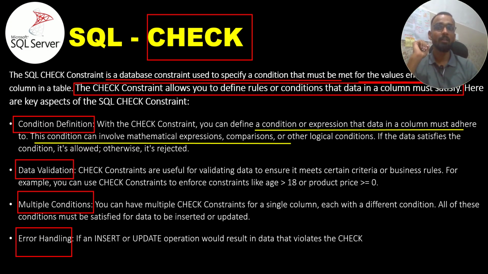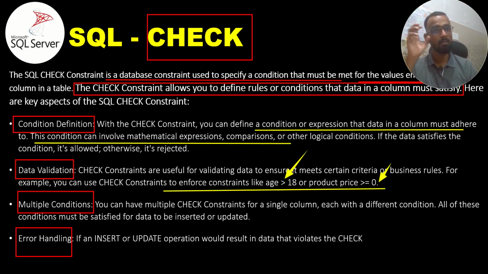Now the data validation. Earlier I was saying, let's say in a particular column the age should not be less than 18, or the price of a product should be greater than or equal to some value. This data validation can also be done with the help of check constraint.